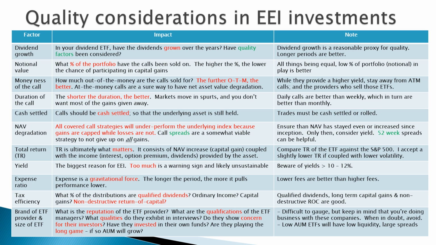Tax efficiency. In the good old days when I started investing, when dinosaurs roamed the earth, we only bought dividend companies and worried about qualified dividends. Now with these much more sophisticated, that doesn't mean necessarily complex, but much more sophisticated products, especially the covered call related and dividend future related ETFs, you have to look at ordinary income, obviously capital gains, and then non-destructive return of capital.